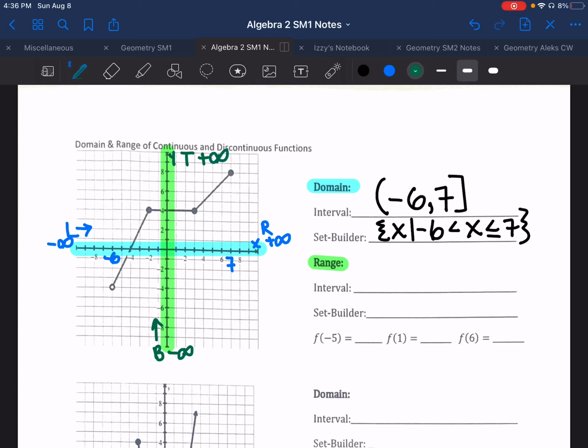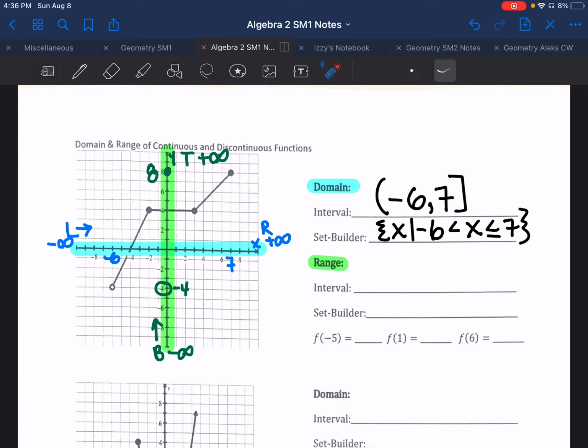The first point I see is this open circle right here, and so I'm going to pull it over. The first one I see is my open circle at -4. Then the last one I see as I move up would be this point right here, and I'm going to bring it over and close it in on 8.